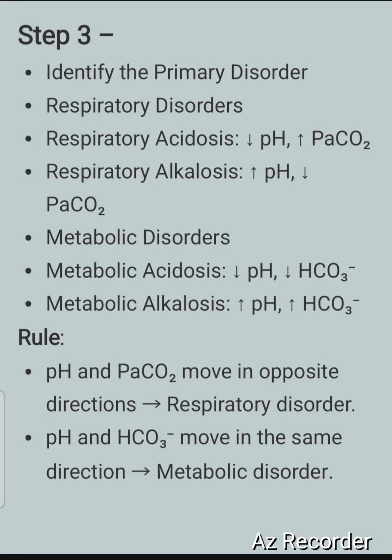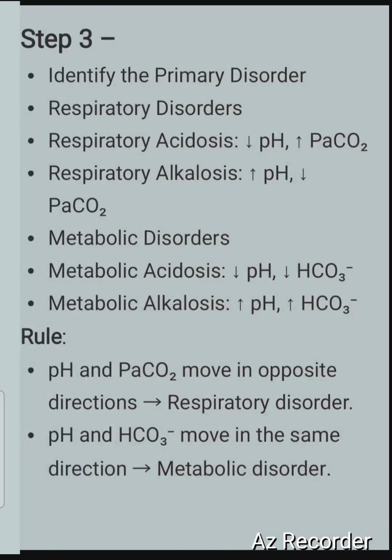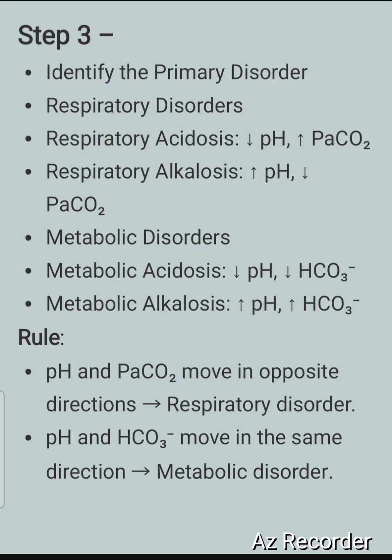Step 3. Identify the primary disorder. In respiratory disorders such as respiratory acidosis, the pH is decreased, whereas the PaCO2 will be increased. In respiratory alkalosis, pH will be increased, whereas PaCO2 will be less.